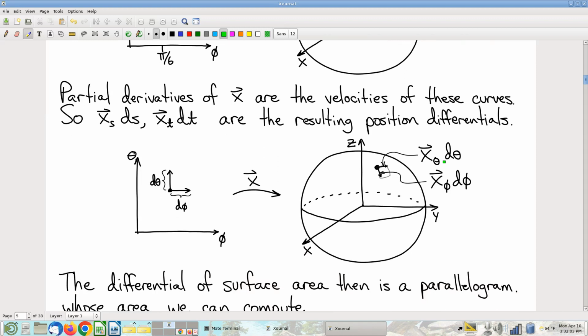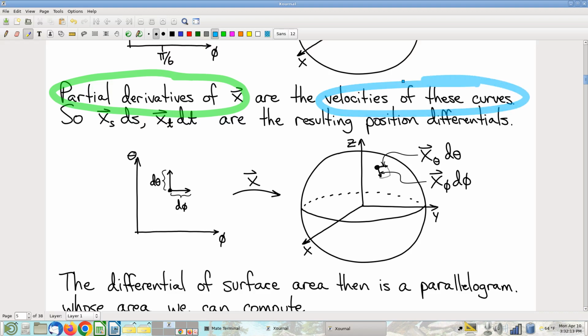Okay, alrighty. So, neat observation. If you were to take a partial derivative of your surface parameterization, I claim that's actually the same thing as taking a velocity of one of these coordinate curves. Now, I want to talk through why this is. It's not immediately obvious why this would be true. Let's talk first about what one of these curves is. Well, keep in mind they're coordinate curves. That means we're going to hold one of the variables constant. That's the first thing that we do when we take a partial derivative. We hold one of the variables constant. So right off the bat, when you start to break down what each of these phrases means, they start in exactly the same way.